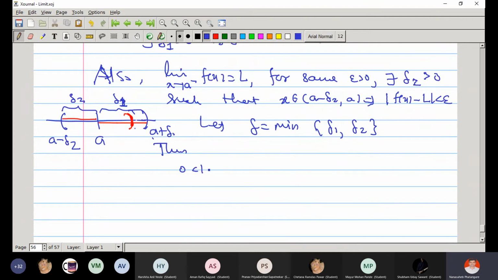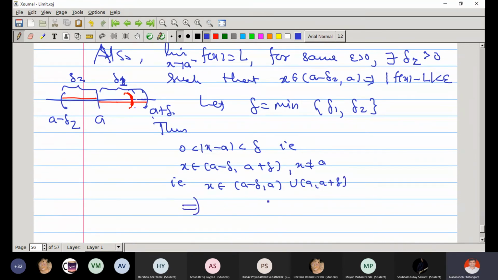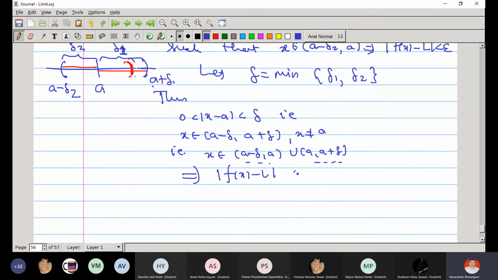Then if the distance of x from a is less than delta, that is, x belongs to (a minus delta, a plus delta), x is not equal to a, or x belongs to (a minus delta, a) union (a, a plus delta), then what will happen? If x is on the left hand side, in (a minus delta, a), can I say that |f(x) minus L| is less than epsilon? Either x is here or x is here. In the union, anywhere, no problem, it is less than epsilon.